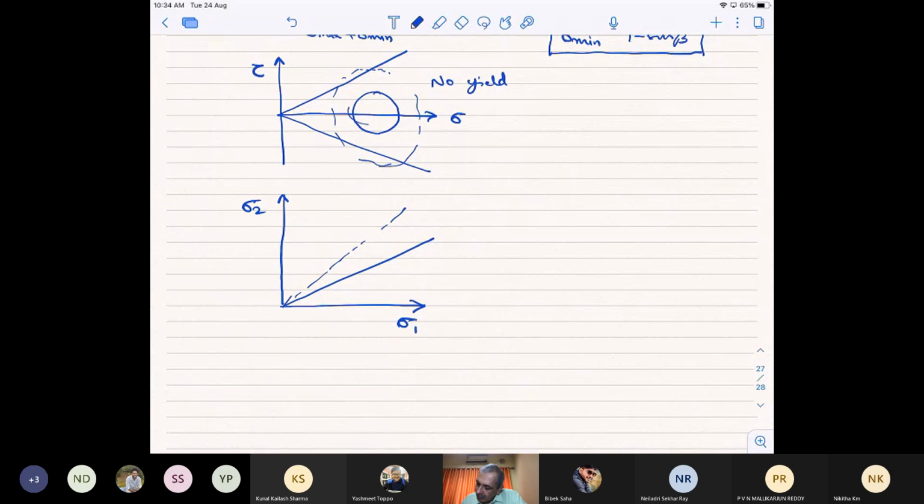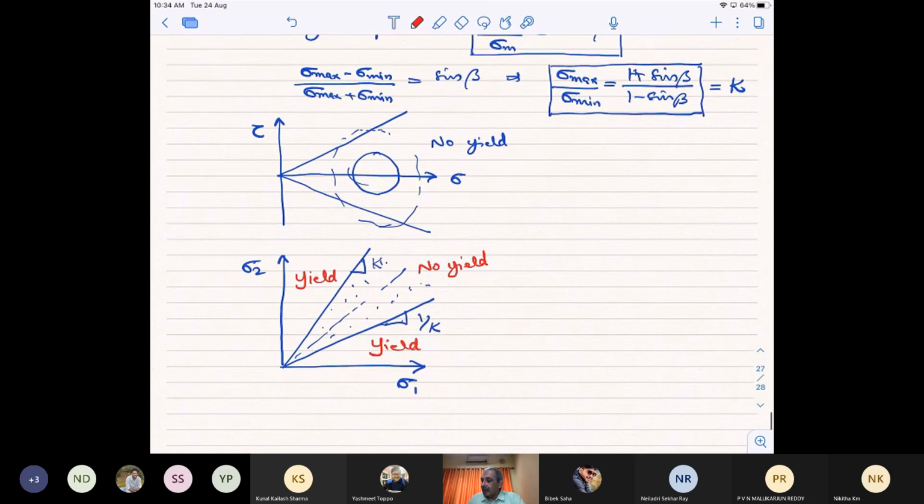And if sigma 2 is sigma max, then this is the yield line. This has a slope K, and this has the slope 1 by K. Within this region you have no yield, because the two are quite close to each other, and over here the material will yield, and over here the material will yield.